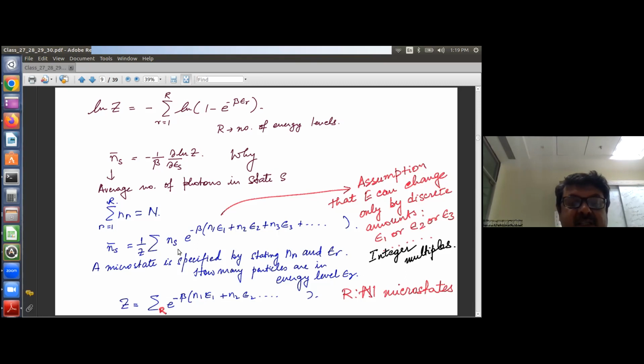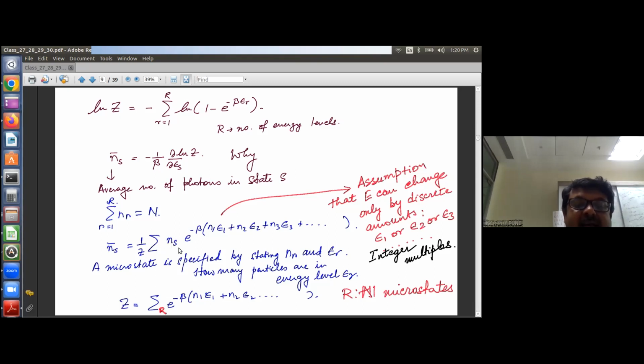So basically, you're summing over all of them. So n bar s is 1 by Z times the number of photons in energy level, say 3, summed over all the different microstates which have the same energy level. This in turn can be written as, if you take a derivative with respect to epsilon s, right?